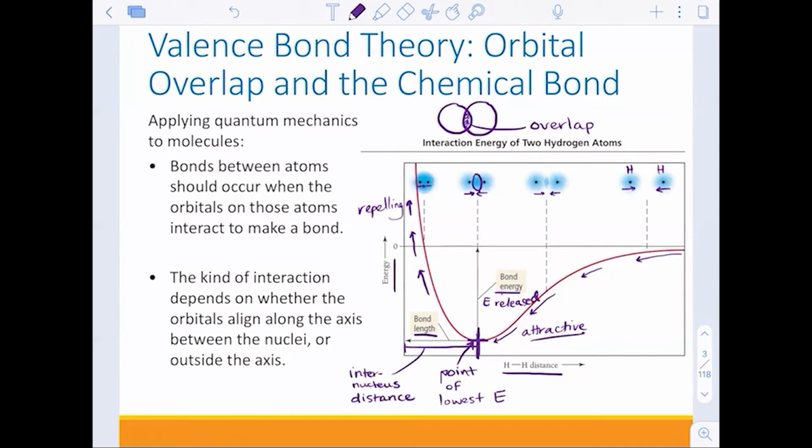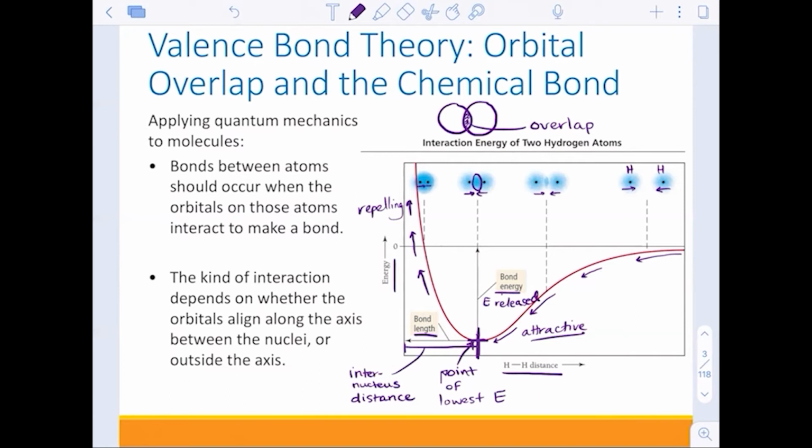So when we look at revisiting quantum mechanics, bonds between atoms should occur when the orbitals of those atoms interact. They need to overlap. They need to occupy the same exact space. And when they do that overlapping, we have to find the perfect amount of overlap. We can't get too close because then we start to repel. We can't be too far away because then we don't have enough attraction.